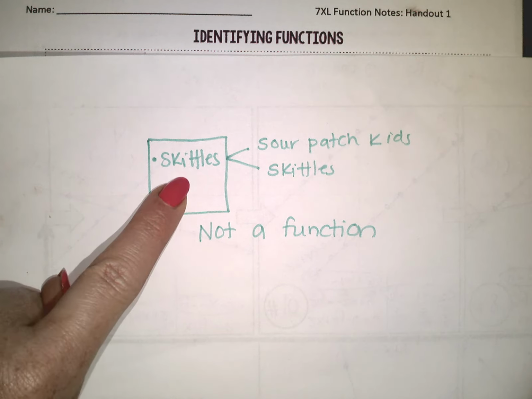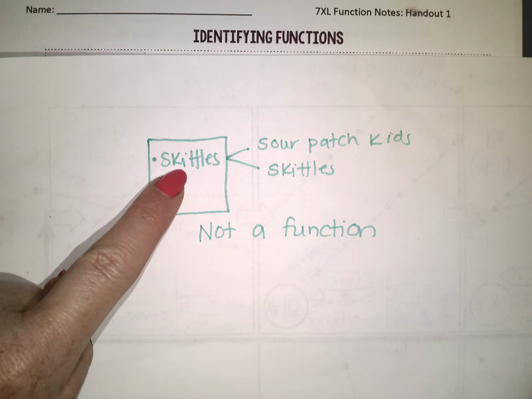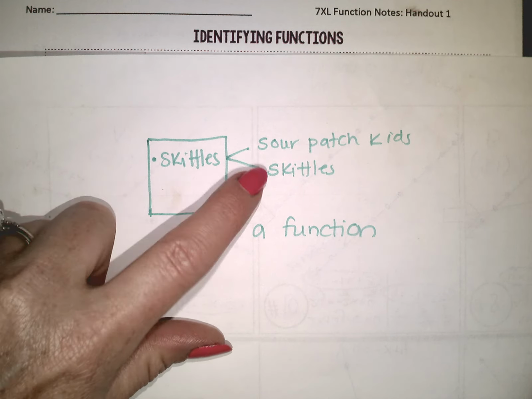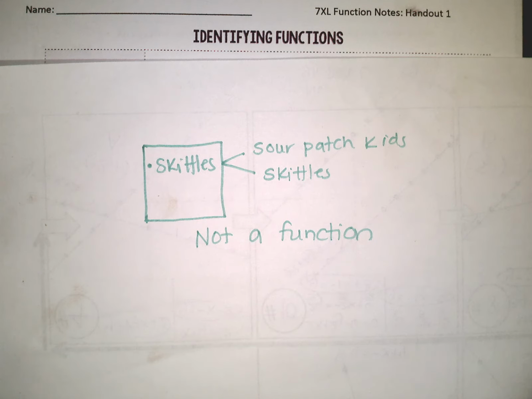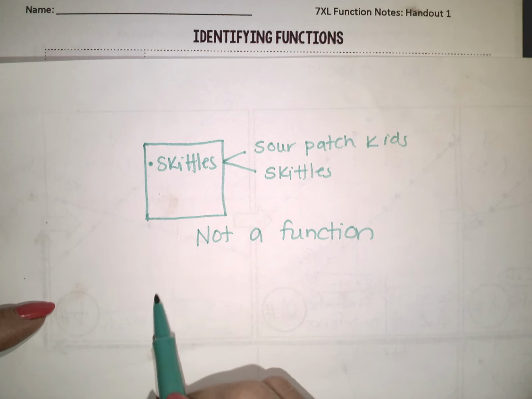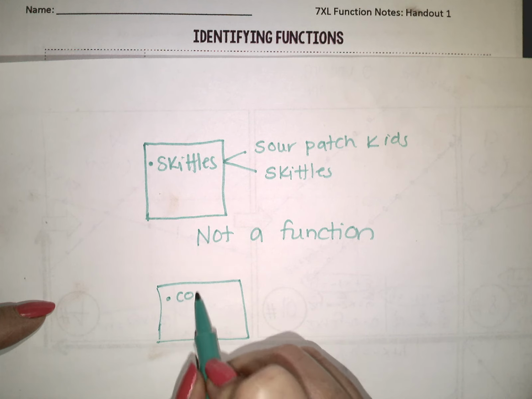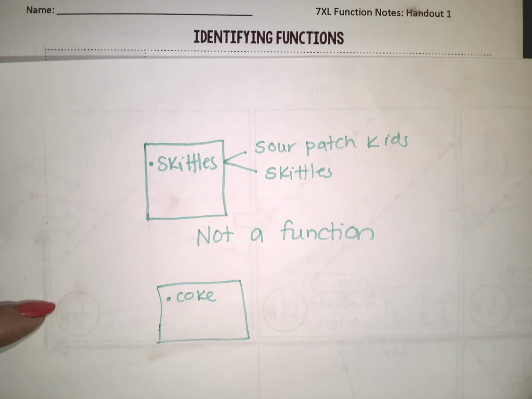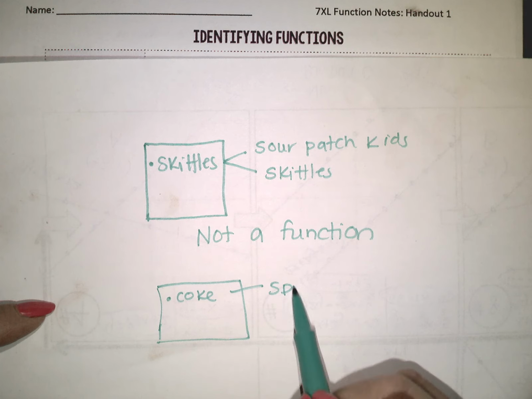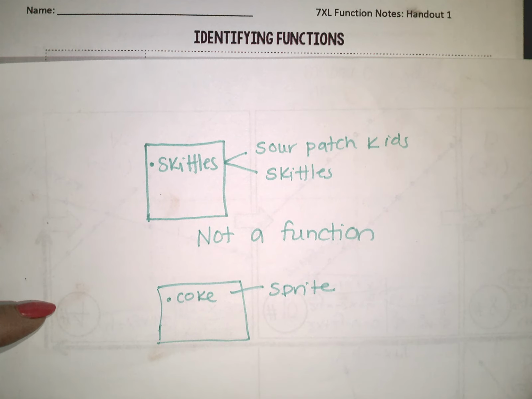So functions are kind of like a machine. Here is an input. I'm pushing the Skittles button, and on 2 different days, 2 different candies came out. Same concept with a soda machine. If you were going to go to a vending machine for a soda and you pushed the Coke button, and out came a Sprite, you wouldn't be a happy camper at first because you were expecting a Coke.